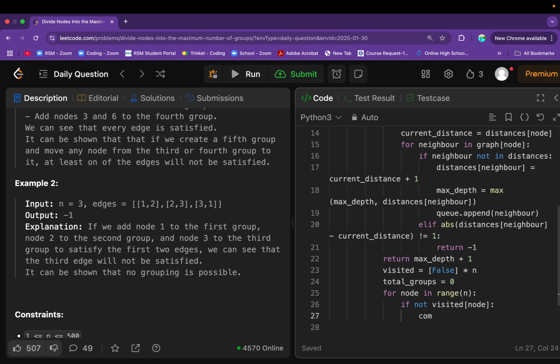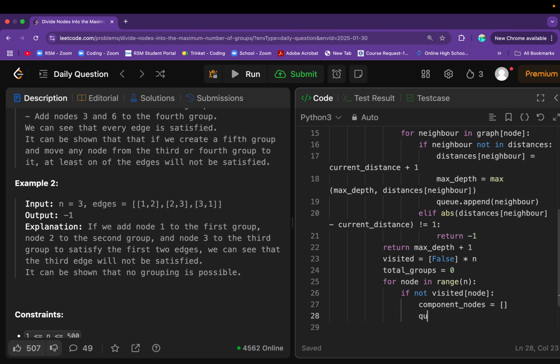What I'm first going to do is initialize my component, and I'll call it component nodes, just to be a little more self-explanatory, and make it equal to an initialized list. And I'm going to get a queue for this iteration to be the double-ended queue. In this case, it's going to start at the current node, that's the starting node.